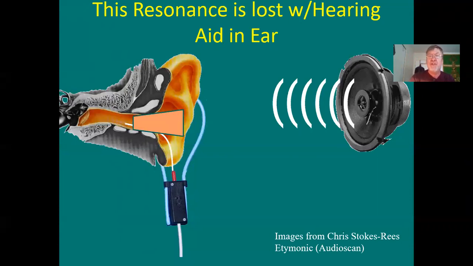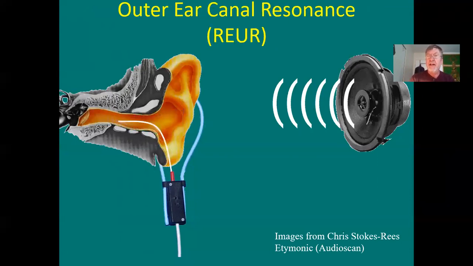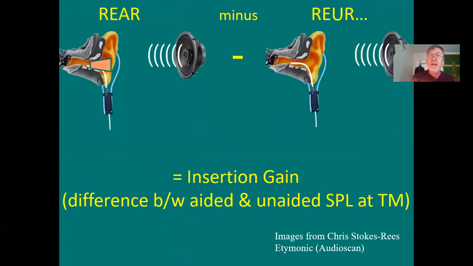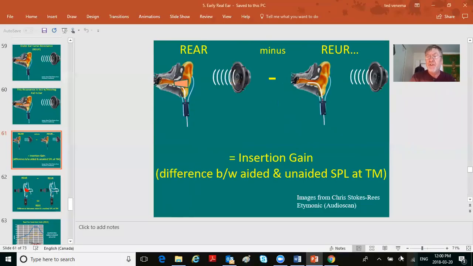The sound coming out of the speaker has to be kept at exactly the same intensity, only now you're detecting aided thresholds. Unaided, aided. The idea was aided minus unaided equals insertion gain, the difference between aided and unaided SPL at the tympanic membrane. Very important to grasp this.